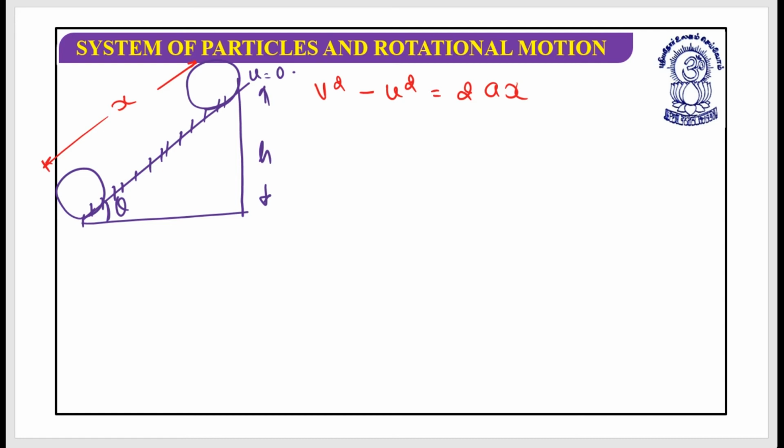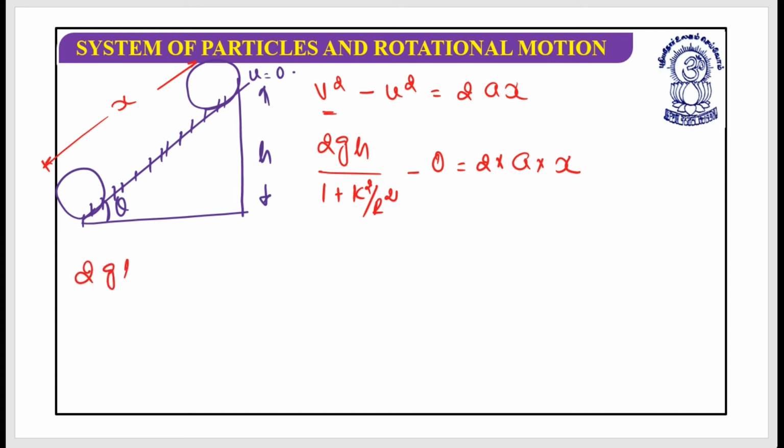Initially it was at rest, and finally we have the velocity, so 2gh upon 1 plus k square by r square minus 0 equals 2 into a into x. So 2gh upon 1 plus k square by r square should be equal to 2 into acceleration into x.